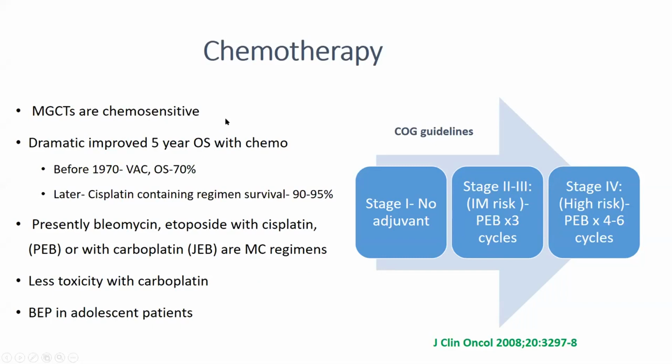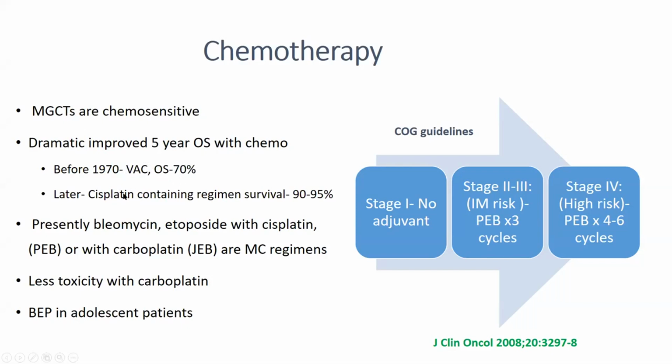Before chemotherapy, the outcome was really poor, with 5-year survival of approximately 20 to 30%. And with the advent of chemotherapy, earlier VAC chemo was used, but it was also associated with poor survival, with the overall survival close to 70%.